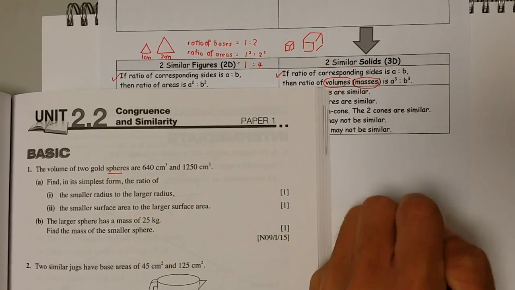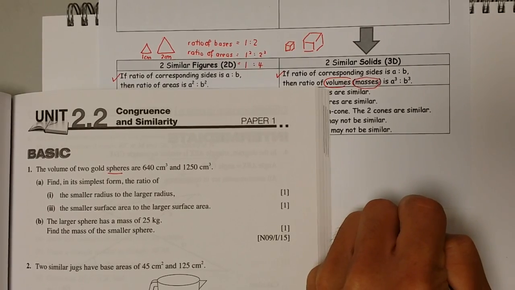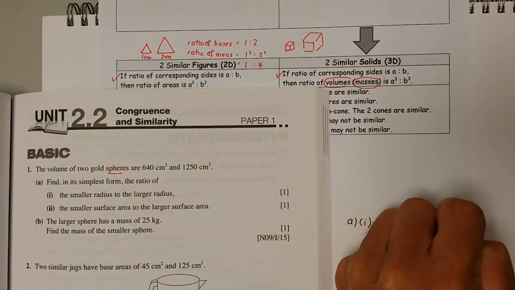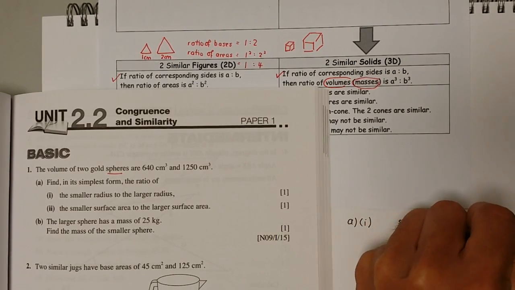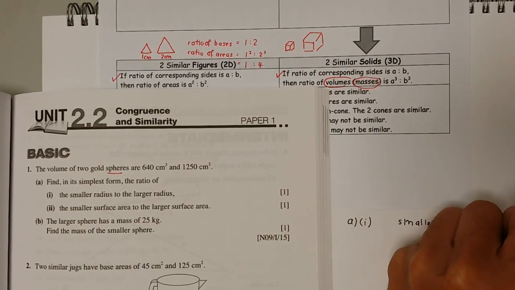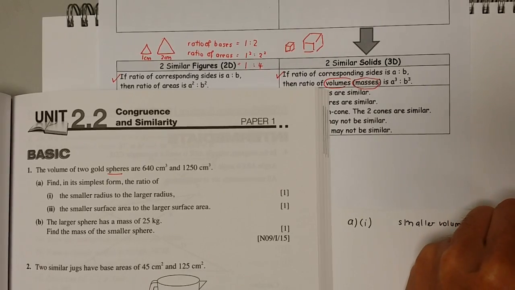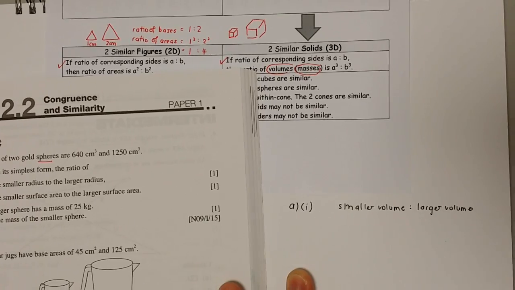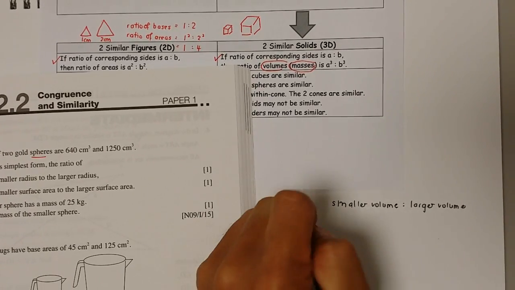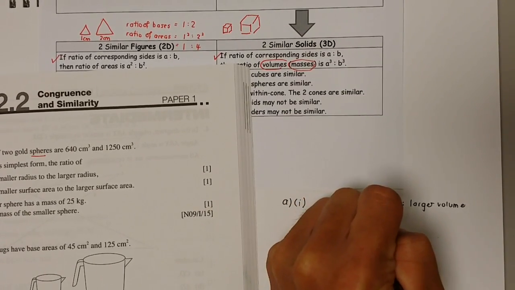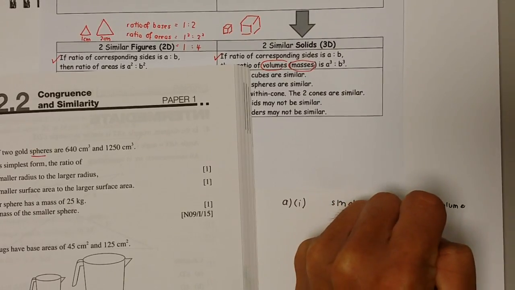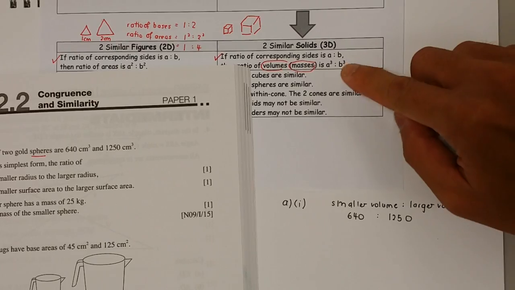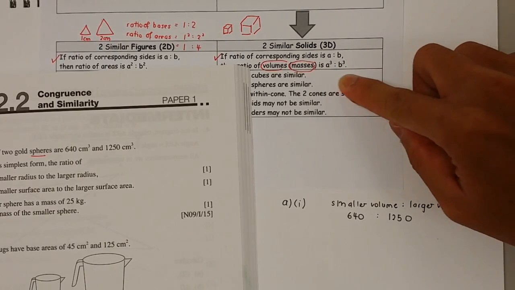So since the smaller volume to larger volume is given to be 640 to 1250, and this must obviously be in this form, some cube to some cube.